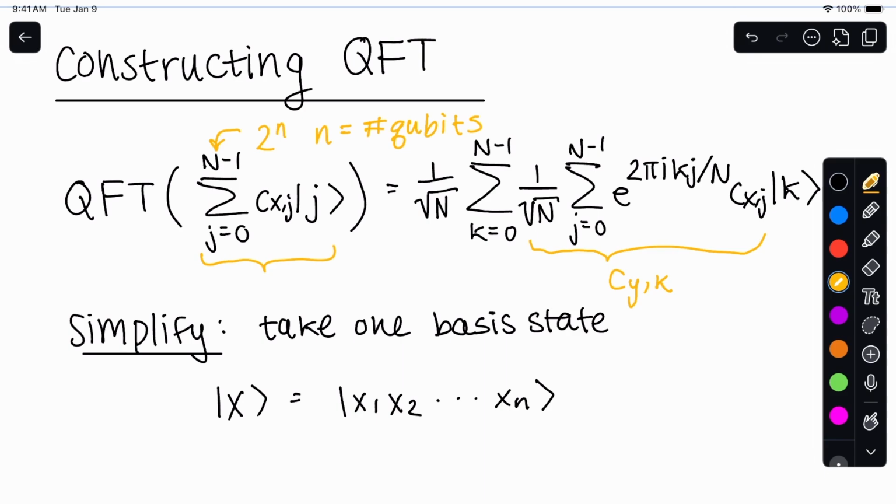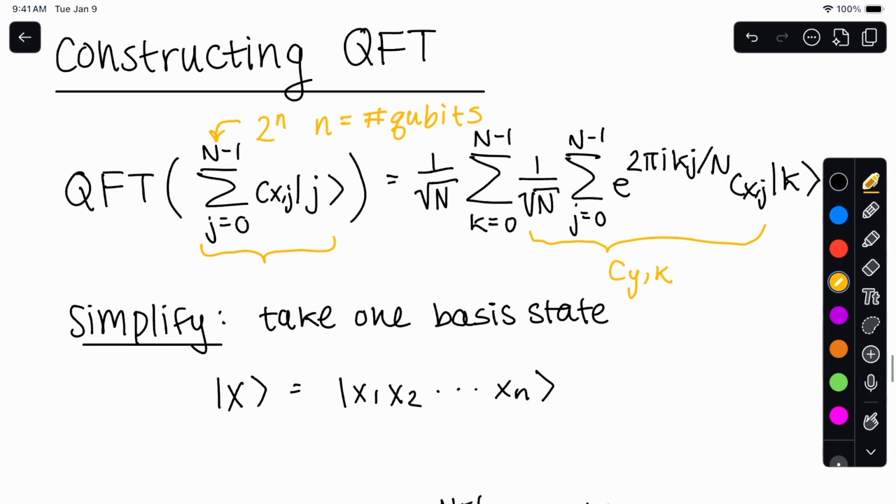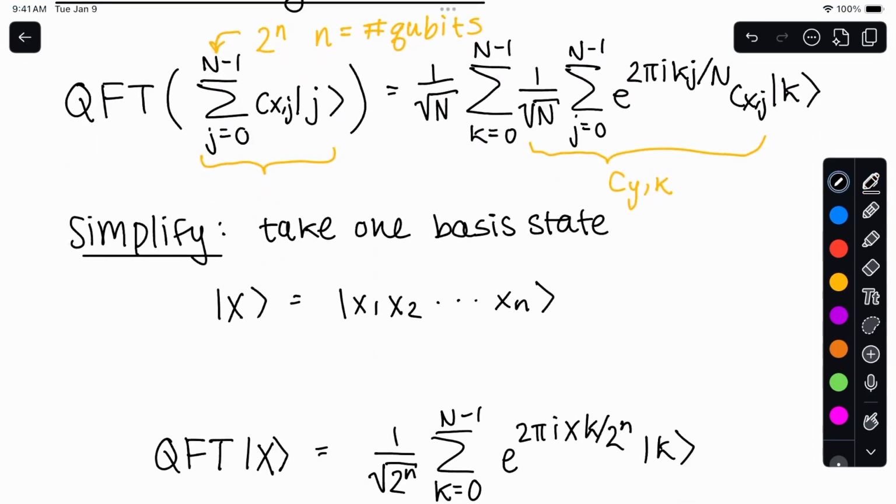This is a lot, so in order to understand this better, we're going to simplify and take just one basis state to look at. So here's our basis state, x, and we'll say x is x1, x2, all the way through xn, and each of these is going to be 0 or 1.